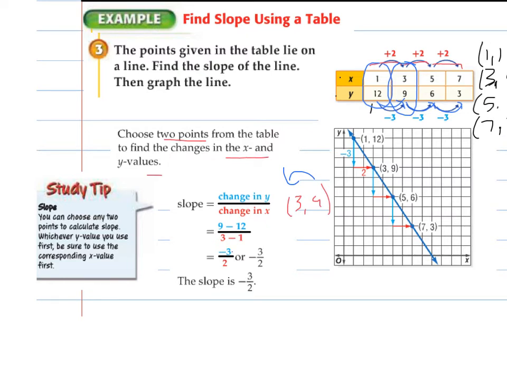That means that your slope is negative 3 over 2. And you can check by graphing, which is always a good thing. So if I plot all those points, I have this line. And notice from one point to another, going left to right, I go down 3 and over 2, down 3 over 2. So it makes sense that my slope is down 3 over 2, negative 3 over 2.